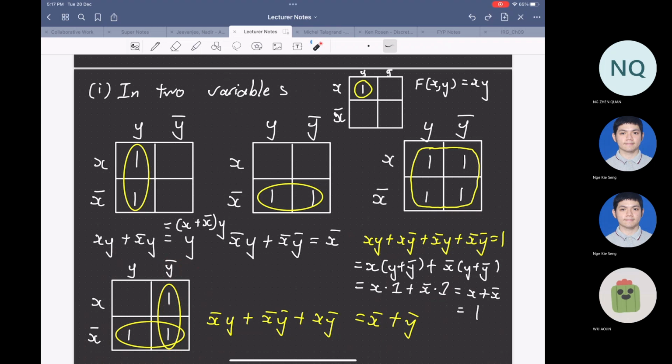Y bar. Okay, so you get Y bar. How about this one? S bar. So what you get is S bar plus Y bar. If you have some doubt, you can form these two truth tables. They will have the same output with the same input.